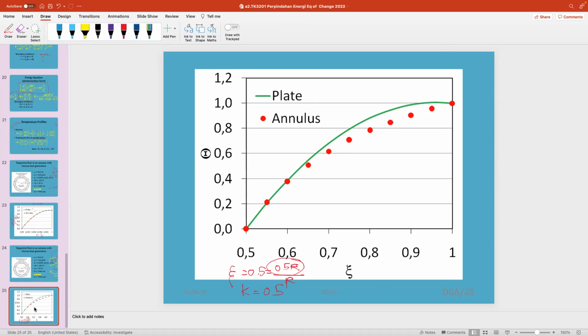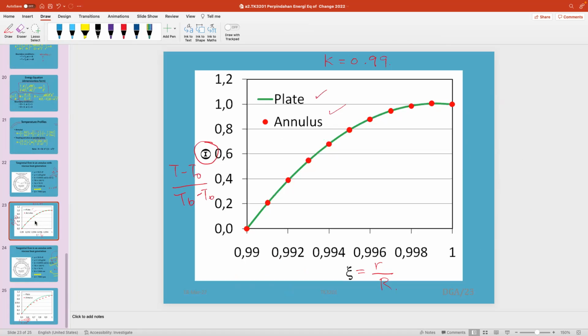Of course, you are not supposed to derive this or do the calculation up to here. The students at the master level will be asked to do this using FlexPDE. Next week, Pak Anggit will also explain more about FlexPDE as well.